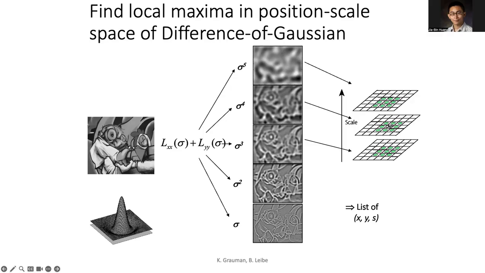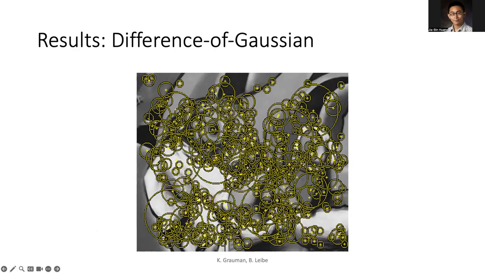If no, suppress it. Now the non-maximum suppression is 3D: not only the X, Y location, but also along the scale. So with this, you will be able to pick up the location and the scale where that response is the highest. That's how you get something like this, right? All these regions are regions where there is a high response, and that response is not just the XY location, but also the scale.